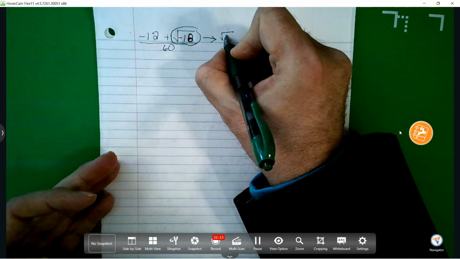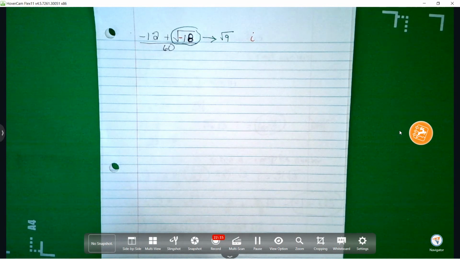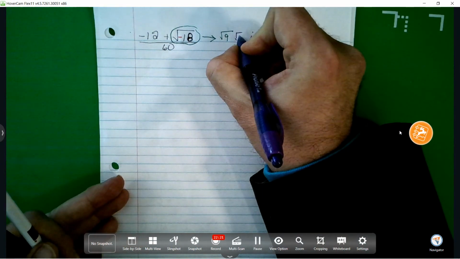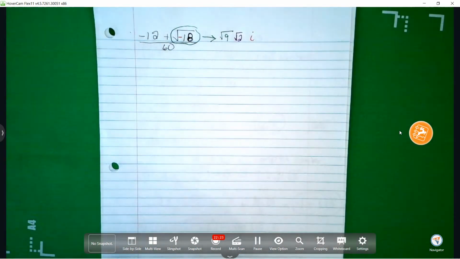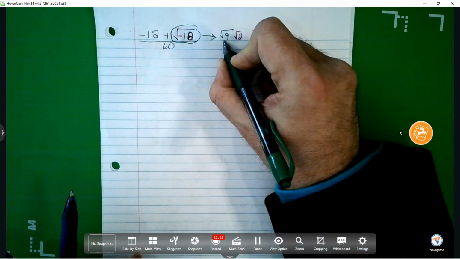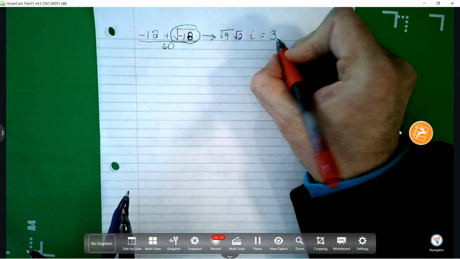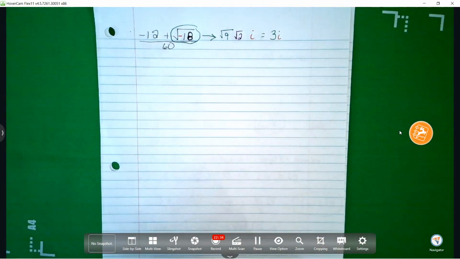Well, that's not too difficult. 9. 9 times 2 would give us 18. And what green number do I have now? Well, the square root of 9 is a 3. Then I put the i and the square root of 2.